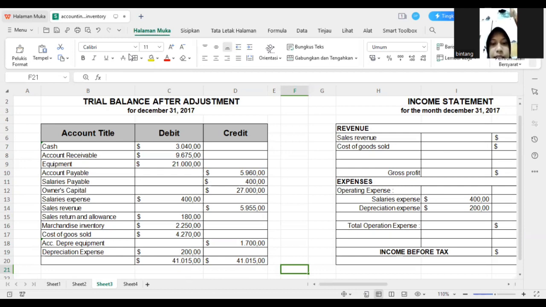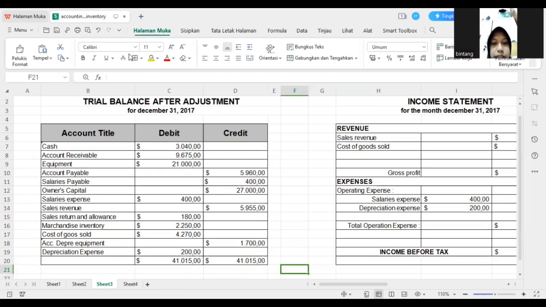Owner's capital in credit side, the amount is $27,000, and there is salaries expense in debit side, the amount is $400, and sales revenue in credit side, the amount is $5,955, and then sales return and allowance in debit side, the amount is $180.